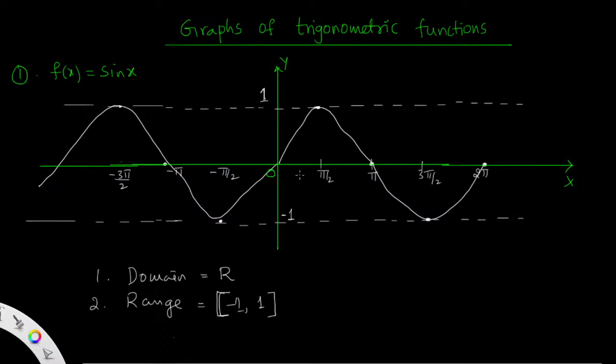And from 0 to pi by 2 the function is increasing, from pi by 2 to pi it is decreasing, from pi to 3 pi by 2 it is also decreasing, and from 3 pi by 2 to 2 pi it is increasing. Similarly on the left-hand side, from 0 to minus pi by 2 it is decreasing, and from minus pi by 2 to minus pi it is increasing.